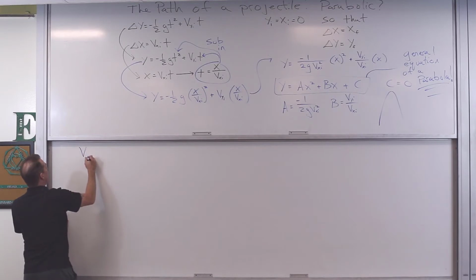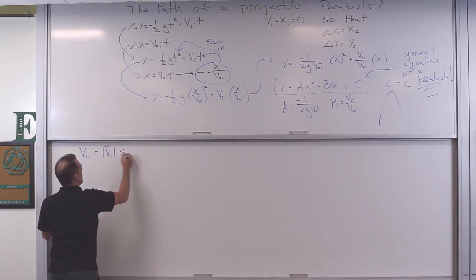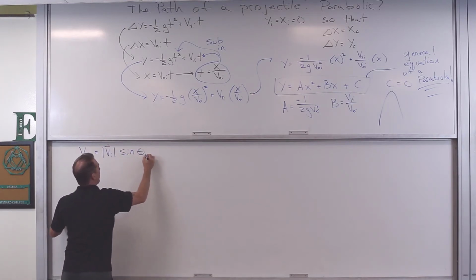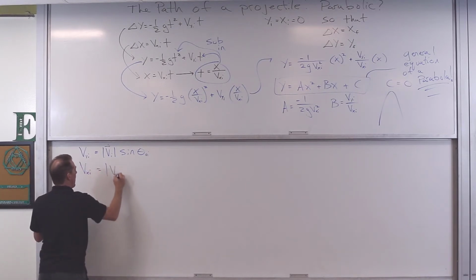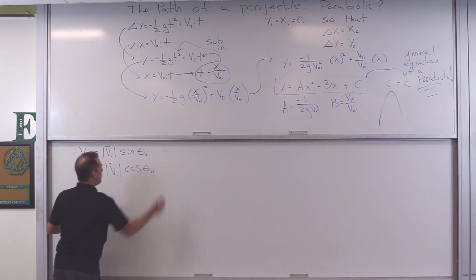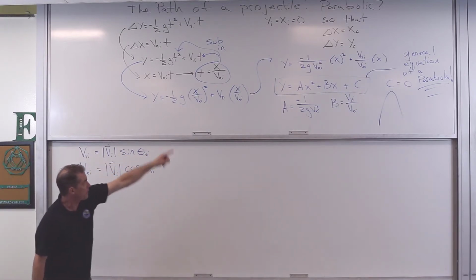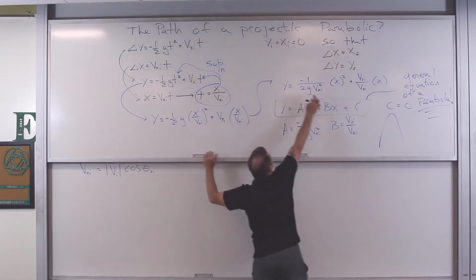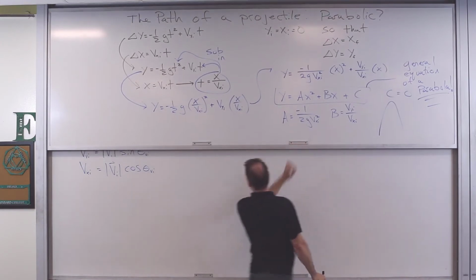We know that Vy initial is equal to the magnitude of V initial multiplied by the sine of theta V initial. And we know that Vx initial is equal to the magnitude of V initial times the cosine of theta V initial. What happens if we put those into that expression here, for Vx, and there for Vy, and for Vx?